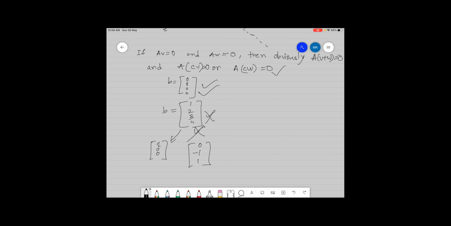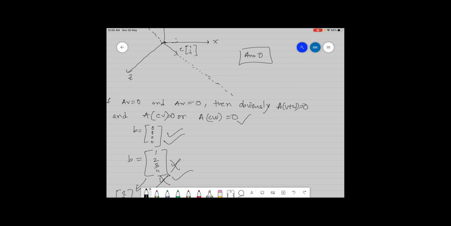So if you're not convinced why you cannot get a vector space here, just think from the perspective of origin. The origin is not included in the solution set of 1 2 3 4. So that is why it is not a vector space or vector subspace.